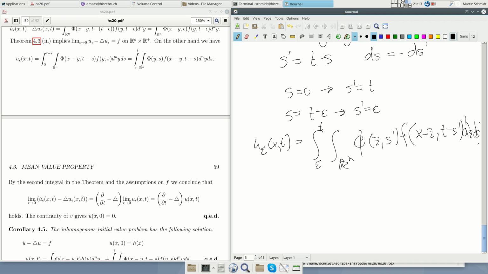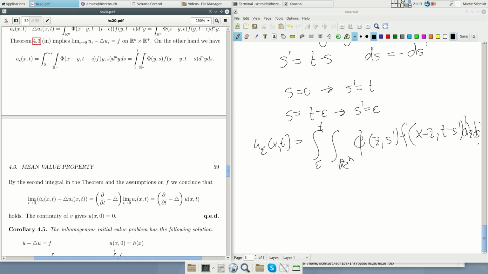Since this is continuously twice differentiable, for this reason we can interchange this limit, because clearly we have now u dot epsilon is the same as if we take first the limit and then the derivative.